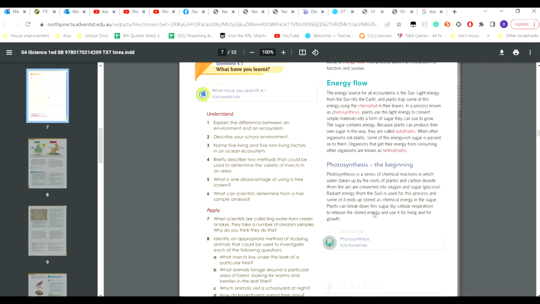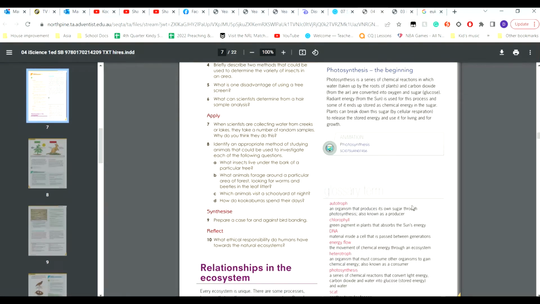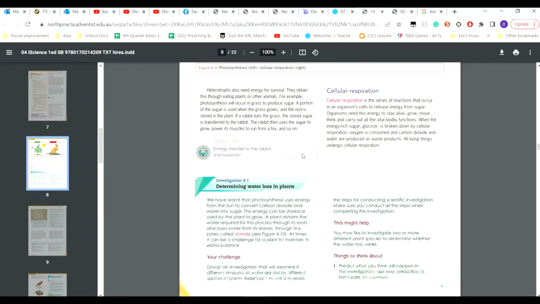The sun is the basis of that, and it turns, what does it say here? Takes the water and the carbon dioxide from the air and converts into oxygen and sugar. The red energy from the sun, for this process some of it ends up stored as chemical energy in the sugar. So it's basically making sugar from sunlight and water effectively. Convert light energy, carbon dioxide and water into glucose, which is sugar. So there you go.